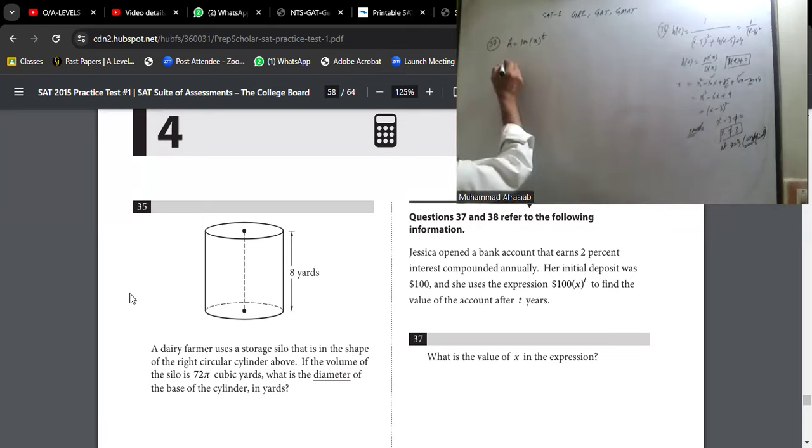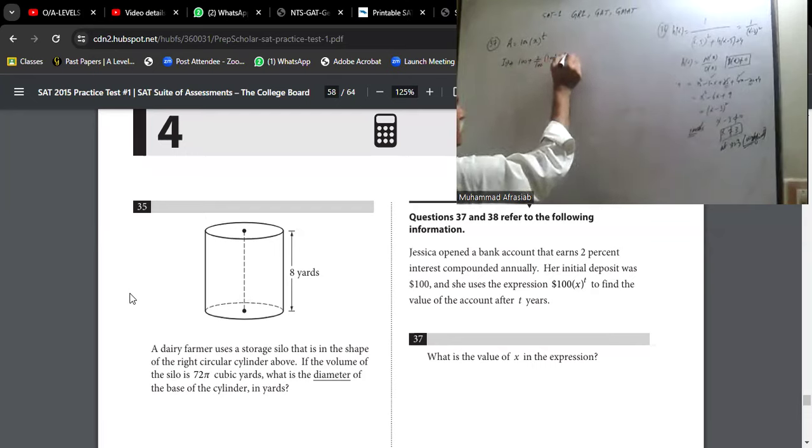For 1 year, it should be equal to 100 plus 2% of 100. That is equal to 100 times 1.02. After 2 years, it should be equal to 100 times 1.02 power 2.